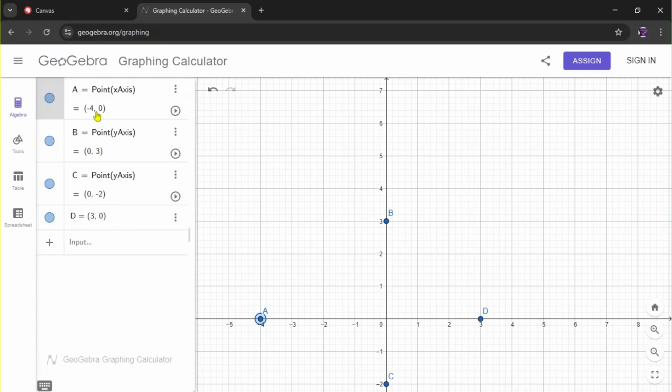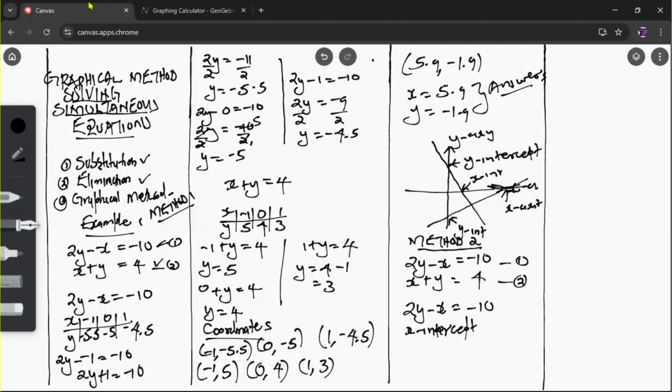You can see negative 4, 0. Even this one, 3, 0. So the value of y is always 0. So at the x-intercept, the value of y is equal to 0.